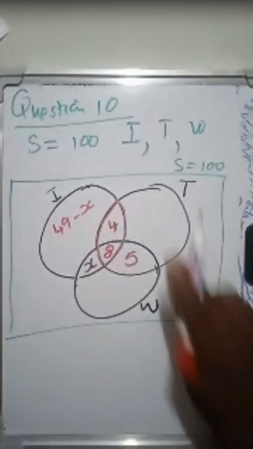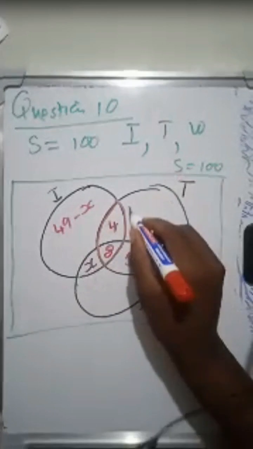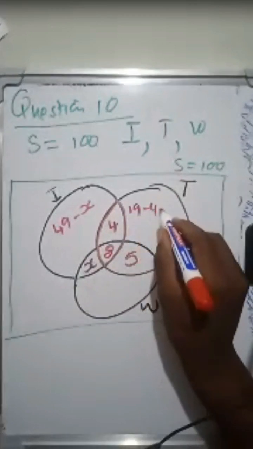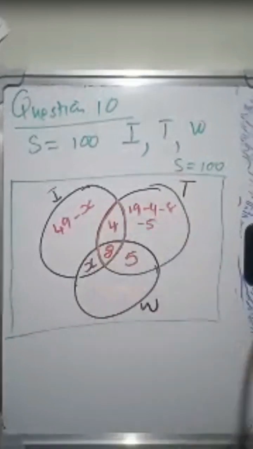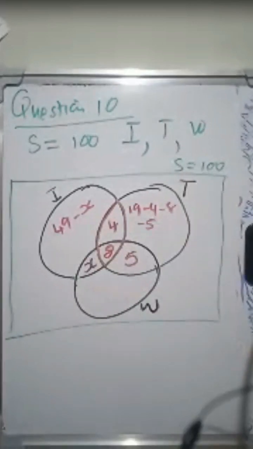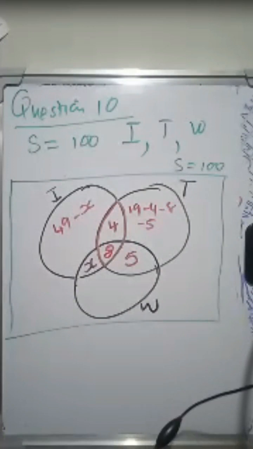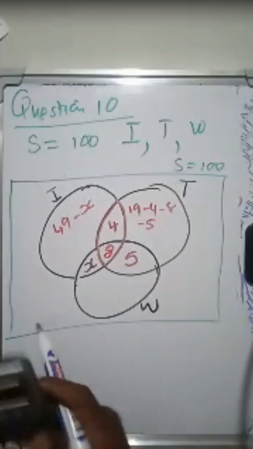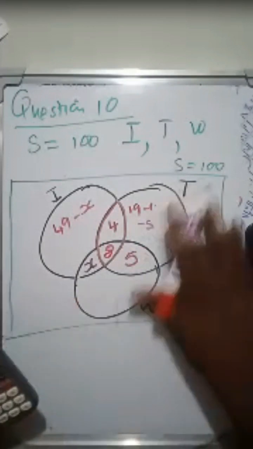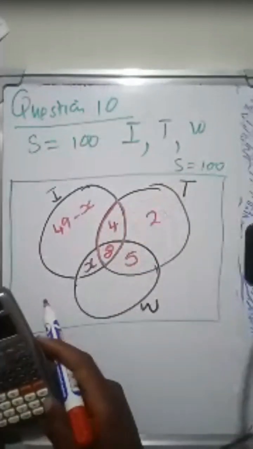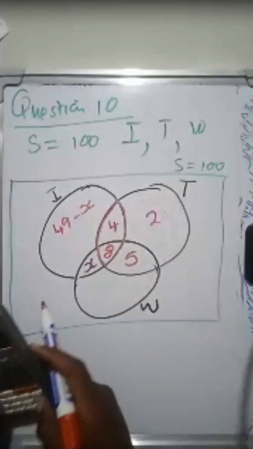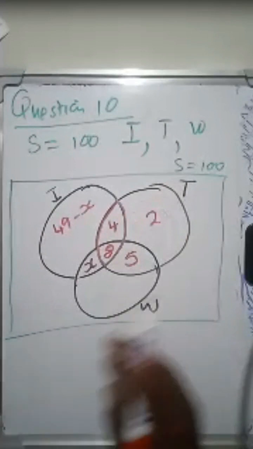So in order to get Twitter only, we say 19 minus 4 minus 8 minus 5. What is already there in the circle for Twitter? What do we get? 19 minus 4 minus 8 minus 5? 2. We get 2.